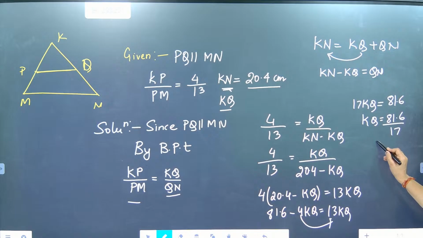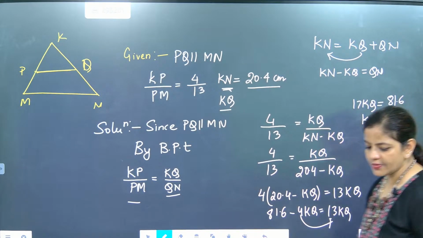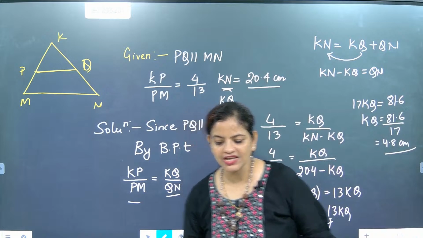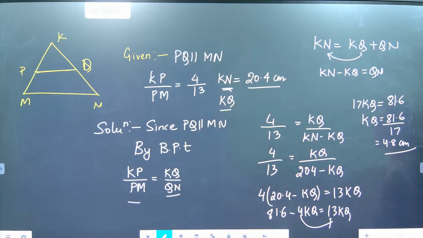So it is coming as 4.8 centimeter. Note down. It is coming as 4.8 centimeter. Absolutely correct. Super Ashweta. So the answer is coming as 4.8.